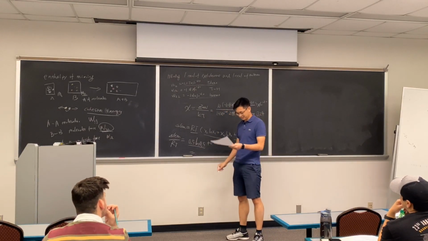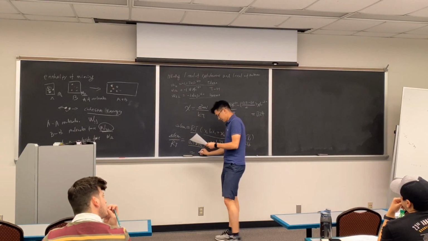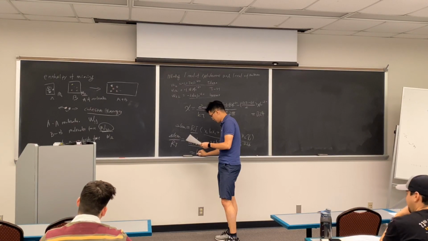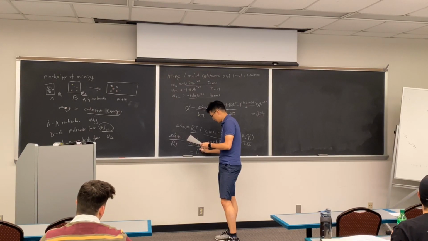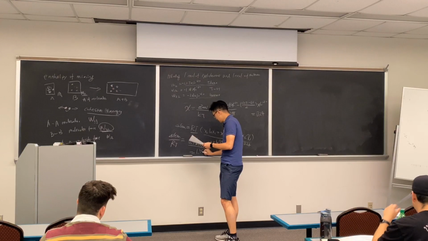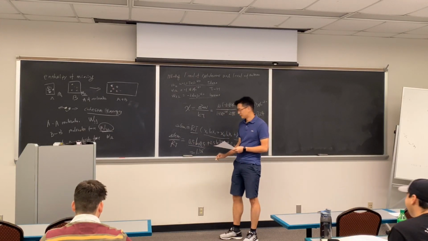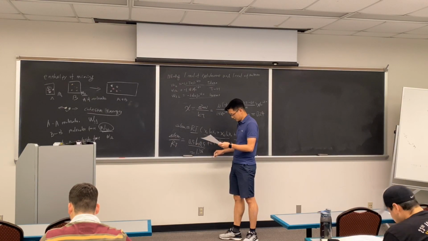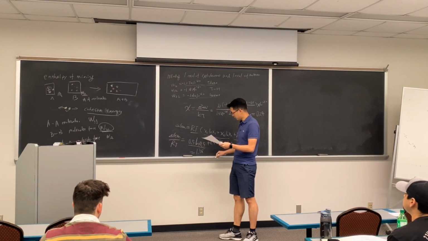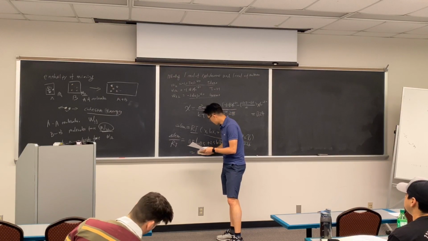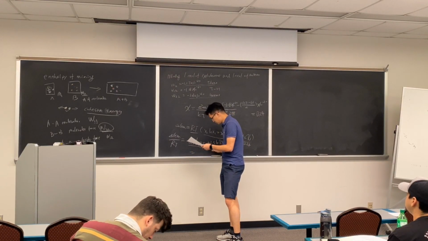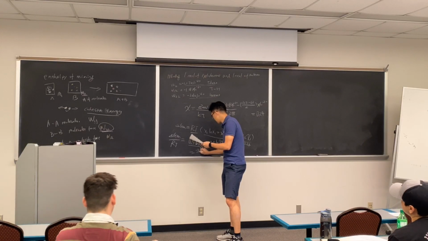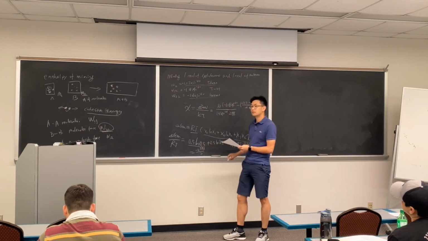How much is this? So this should be 1.38 roughly. No, wait. What's the value for this? So it should be minus 0.693 divided by 2, right?